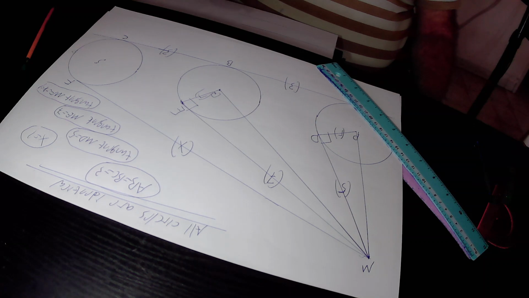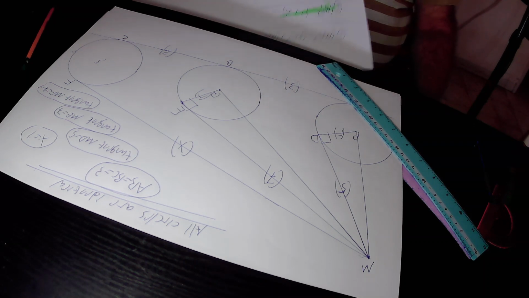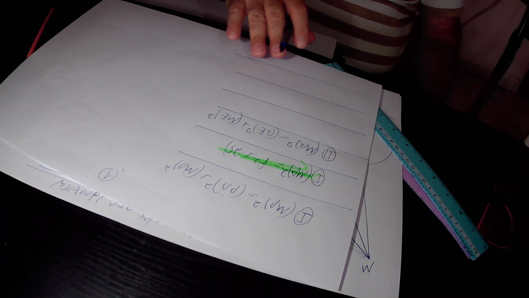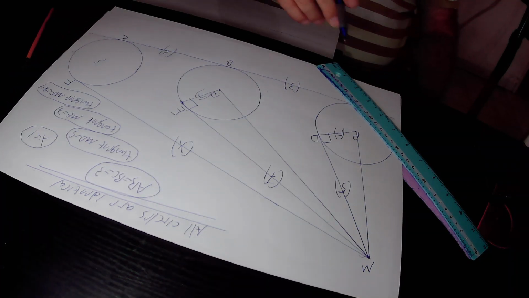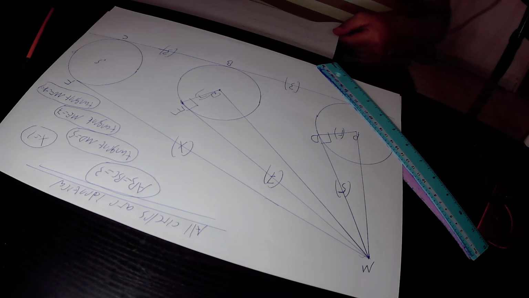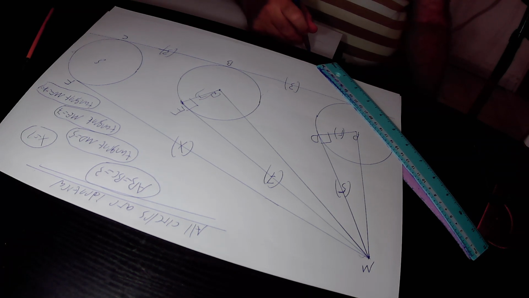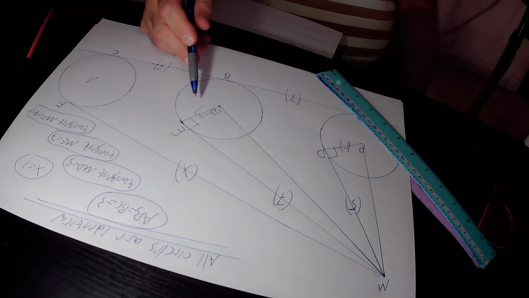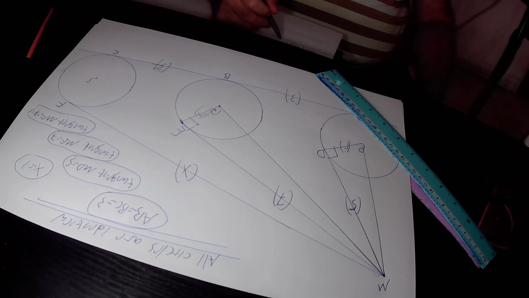Repeat again, in the right triangle MQE, according to the Pythagoras theorem, MQ squared equals QE squared plus ME squared. MQ is the missing side, so we leave it as it is. So MQ squared equals QE squared. QE is R, therefore QE squared is R squared, plus ME squared.